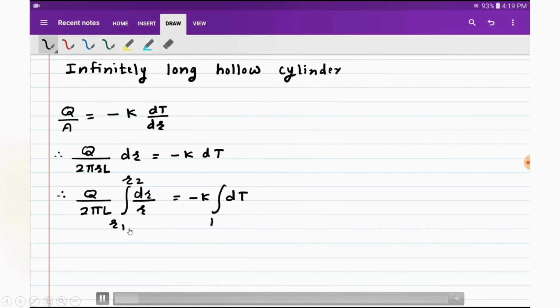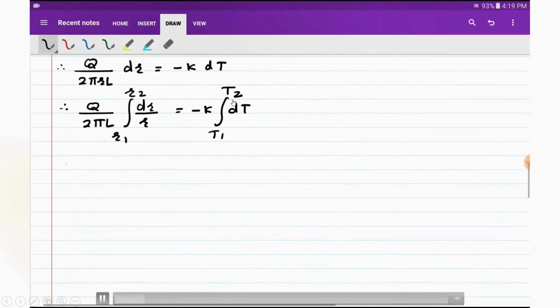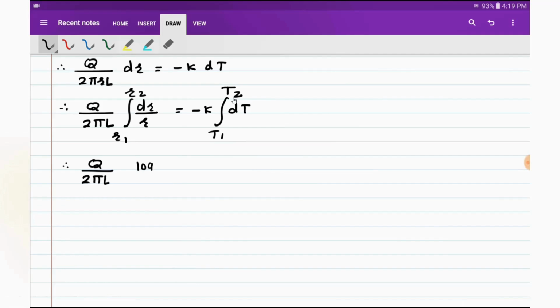The limits for r are r1 to r2, and temperature is from T1 to T2. So Q divided by 2 pi L. Integration of 1 upon r is log r to the base e. The limits are from r1 to r2. Integration of dT is T, and the limits are from T1 to T2.